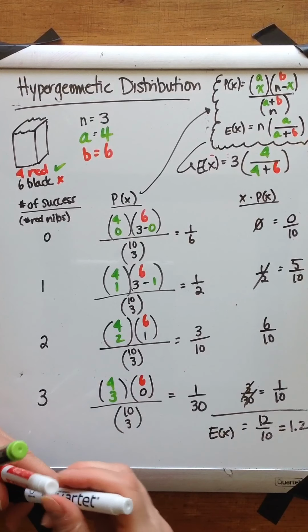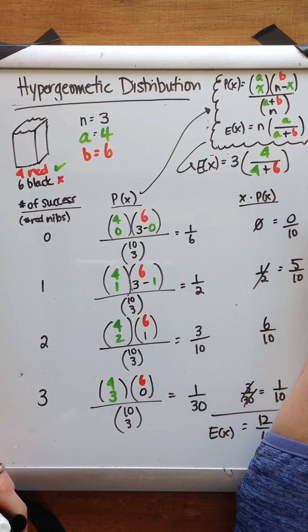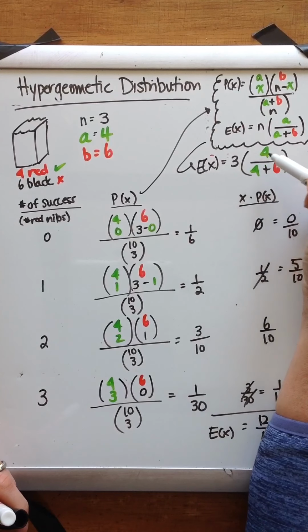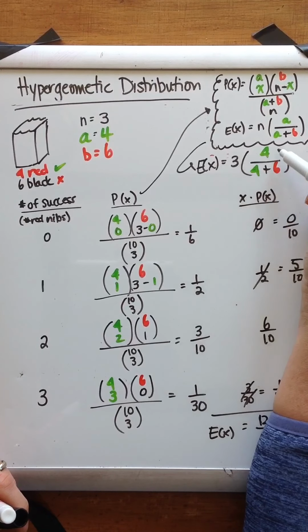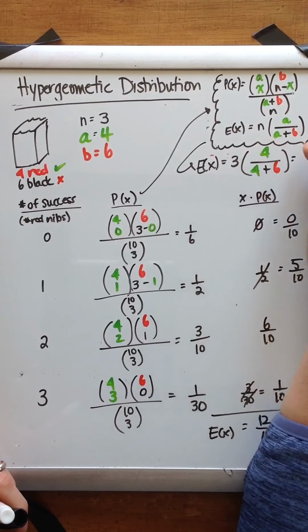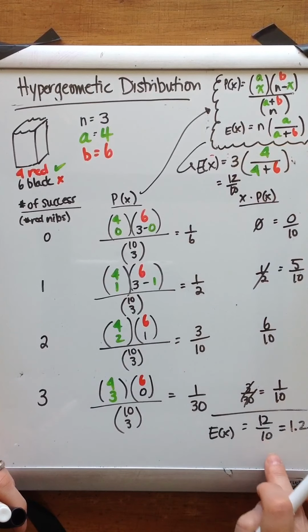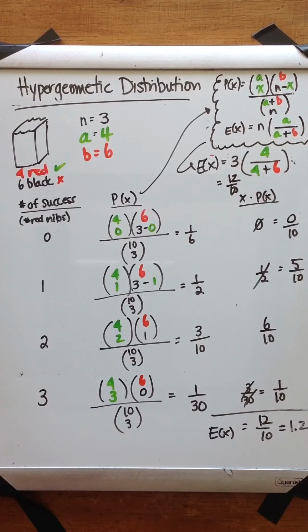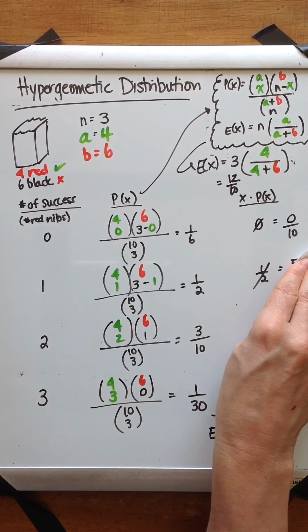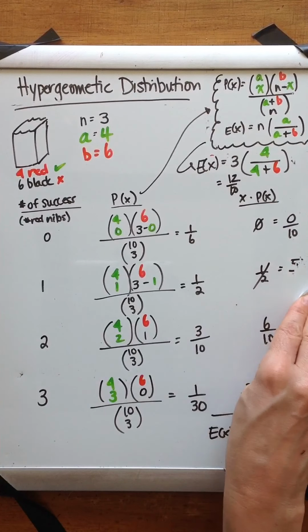So when we do the math here, we discover that we get 4 out of 10 times 3 is, I'll put it down here, 12 out of 10, which is exactly what we had down here. Comes out to 1.2 as well. So we can use either method to calculate the expected value for a hypergeometric distribution.